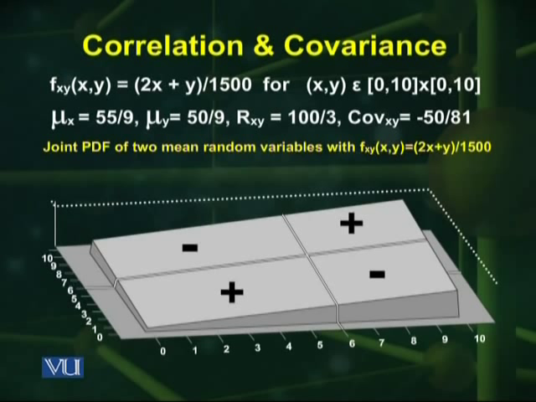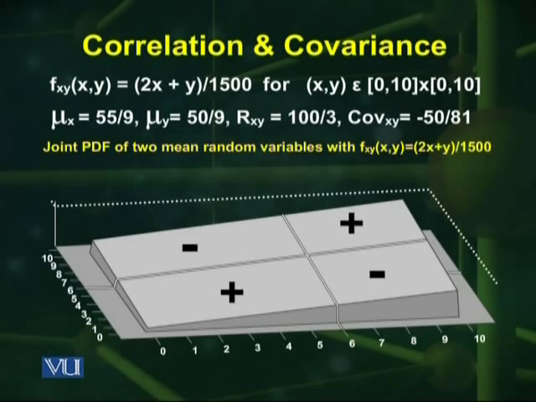and this is the point where the two mean values are defined. Now these 4 partitions of the joint PDF are again marked with 2 positive regions and 2 negative regions. The 2 positive regions are those where the values attained by the 2 random variables are both larger than their respective mean values, or both are smaller than their respective mean values.